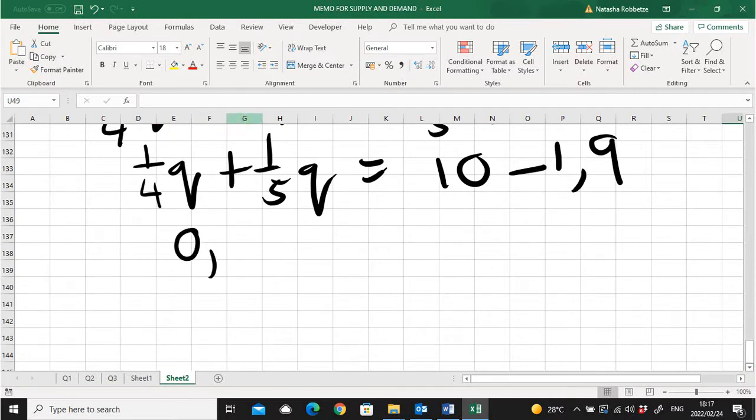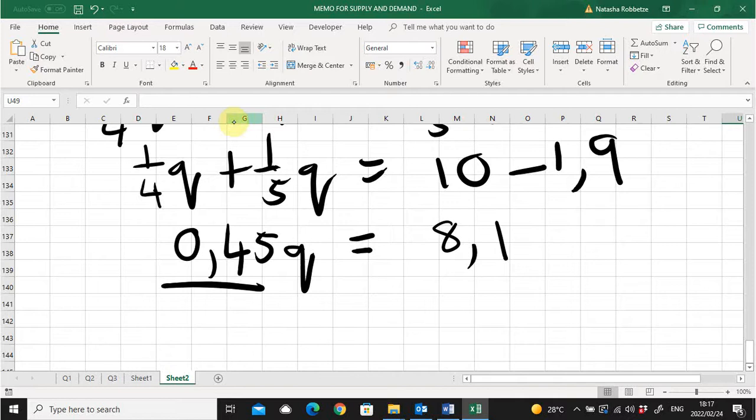I believe it gave us 0.45 on our calculator. So if you type 1/4 plus 1/5 on your calculator, it should give you 0.45. And if we type 10 minus 1.9, I get on my calculator 8.1.